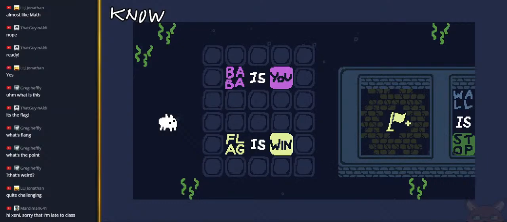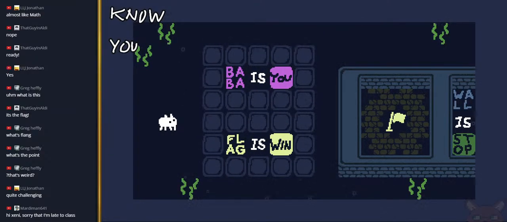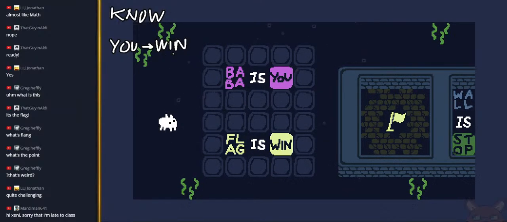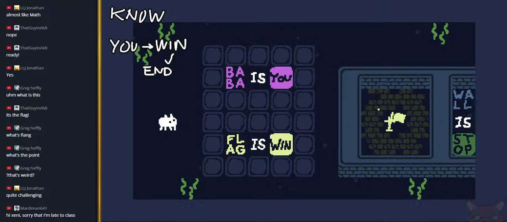So what we thought we know is an object that is you has to be overlaying an object that is win to reach the end.